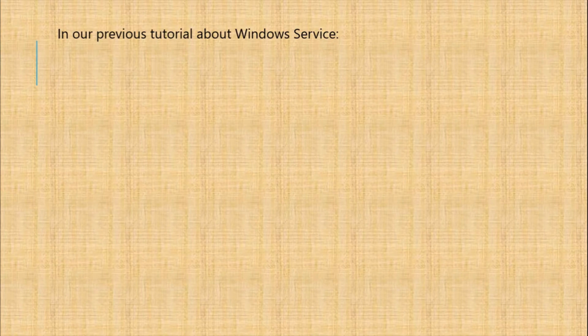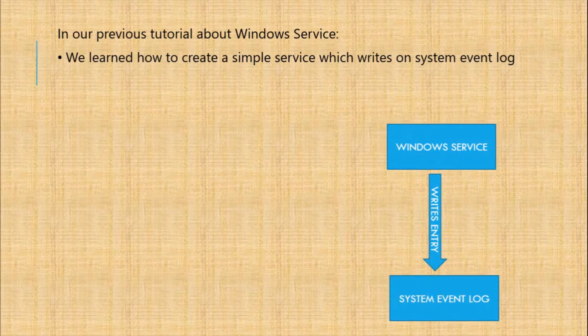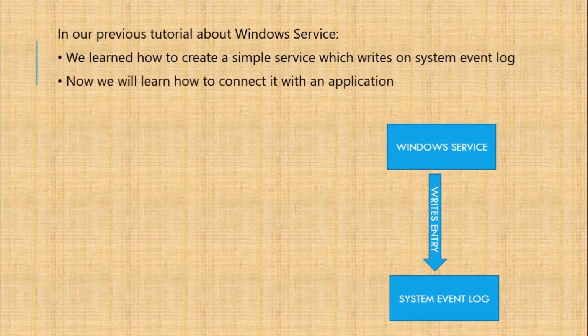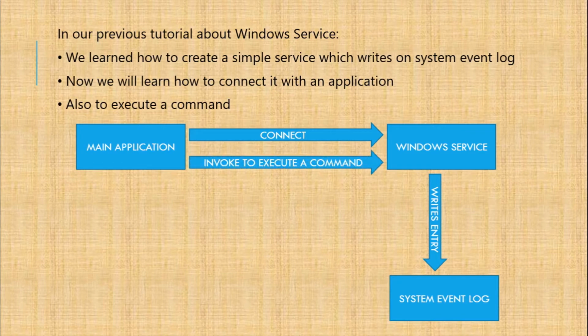In our previous tutorial about Windows service, we learned how to create a simple service which writes on system event log or event viewer. Now, we will learn how to connect it with an application and also to execute some commands.